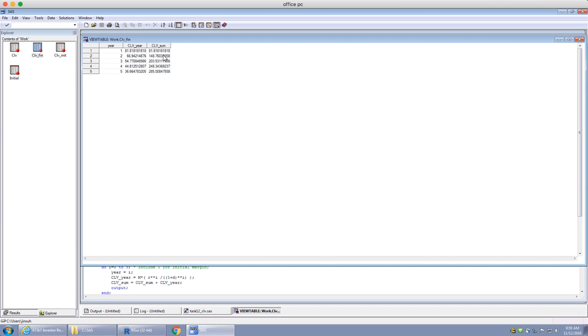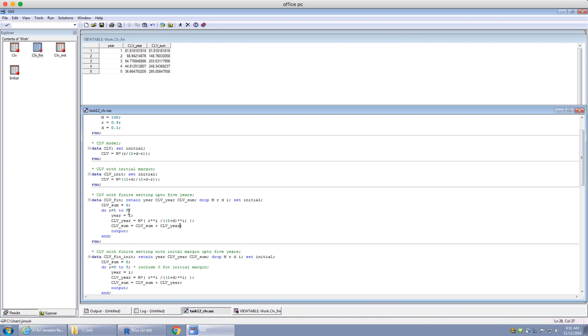And CLV sum is just adding the initial year and then the second year, and I get 148. If I add the third year to the original sum, I get 204, and all the way to 285.